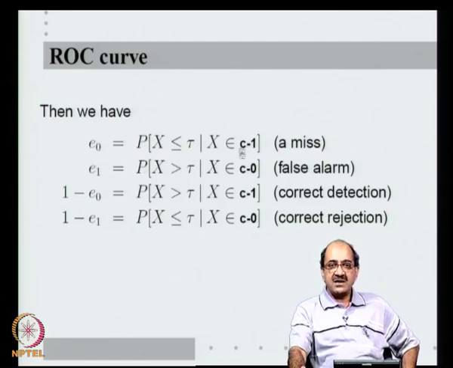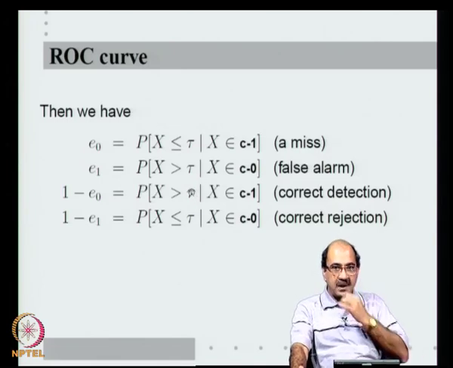What is the probability of that? It is the probability x less than tau, that is when I will say class 0, given that x belongs to C 1. Similarly, E 1: when will I say 1? If x is greater than tau. So, it is the probability x greater than tau given x belongs to C 0. 1 minus E 0 and 1 minus E 1 can be written as complements of these probabilities.